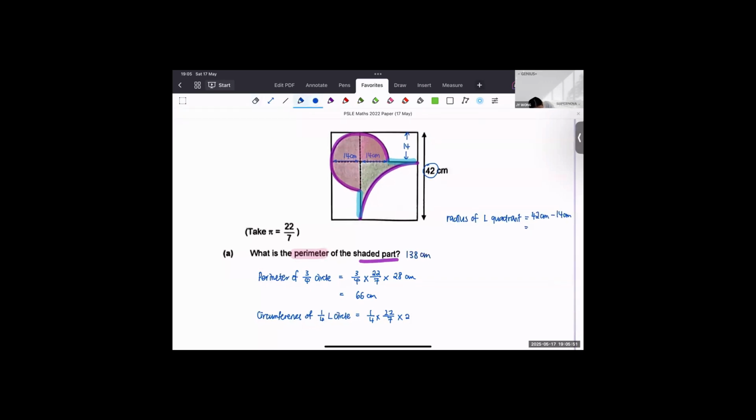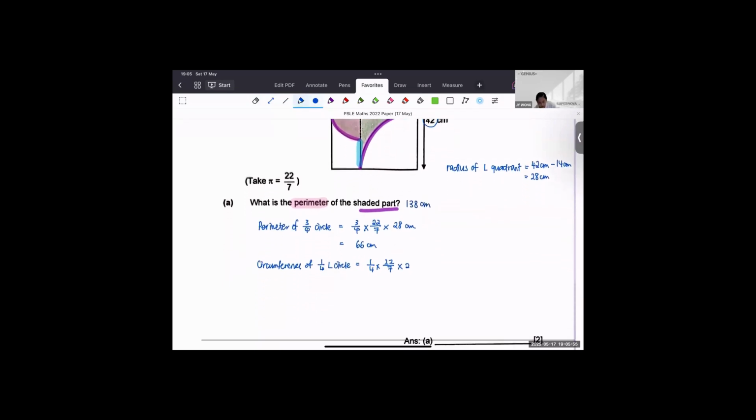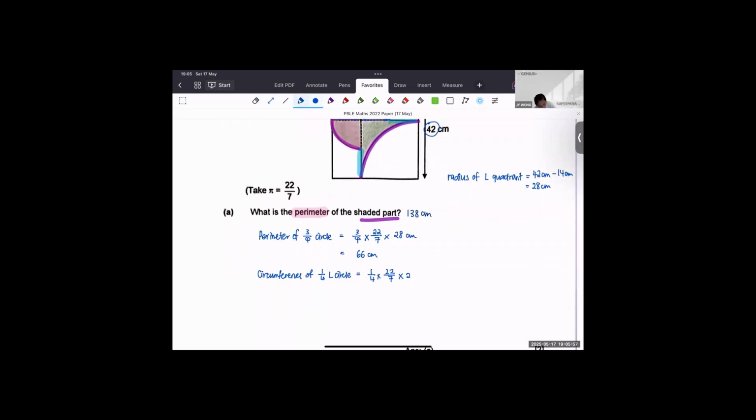This is the part that you need to know. Again, I want to find out the diameter. So 28 times 2 is 56 centimeters, and that will give me 44 centimeters.